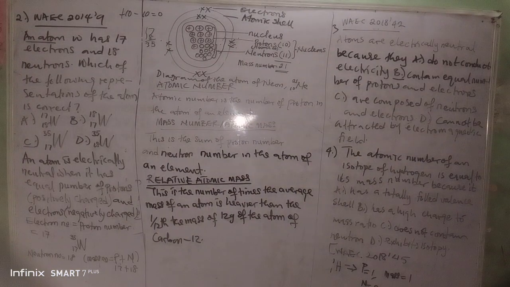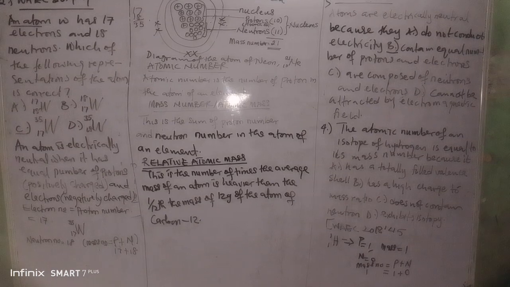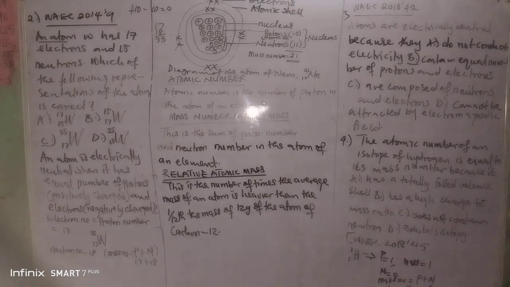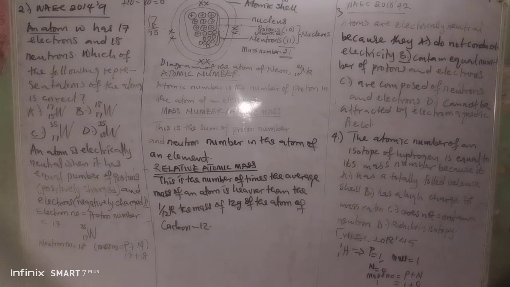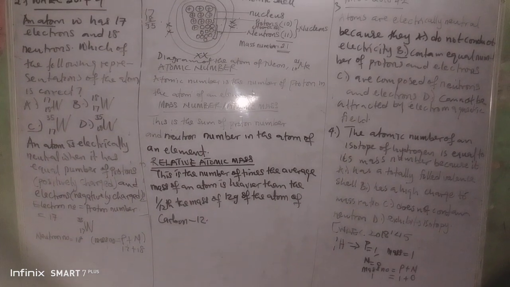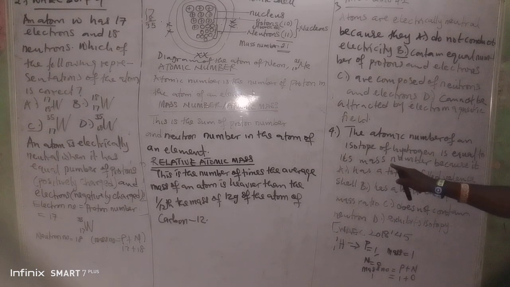So what can we now say here is that the right option had been chosen. And the right option will now be that the atomic number of an isotope of hydrogen is equal to its mass number.